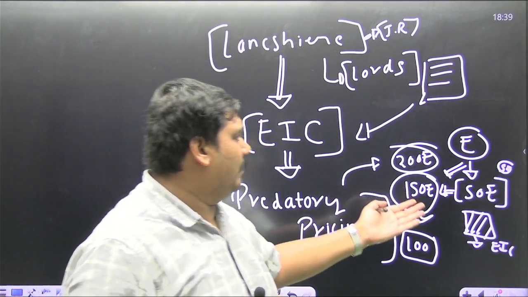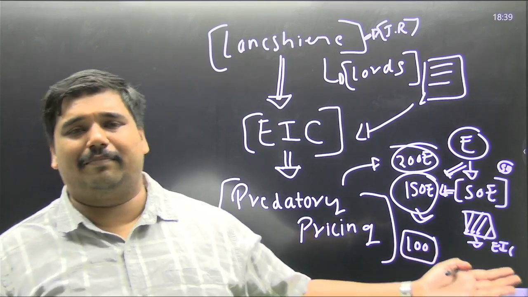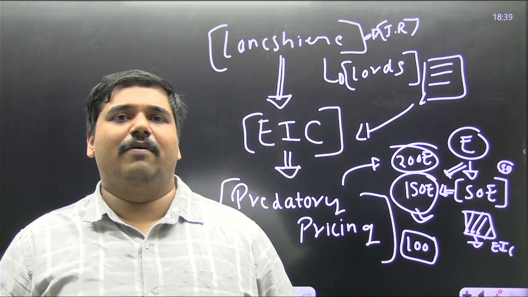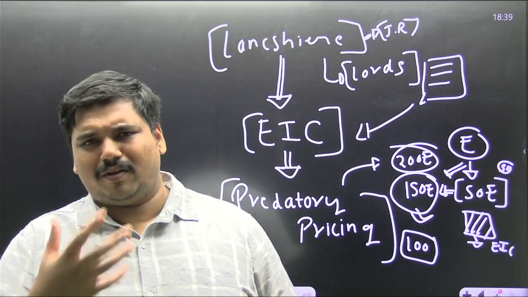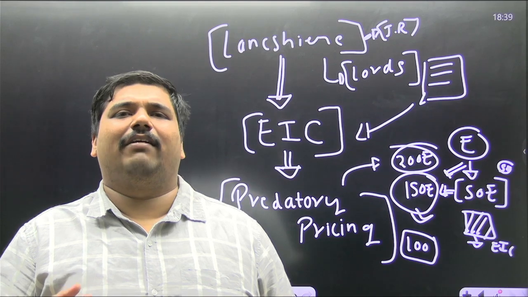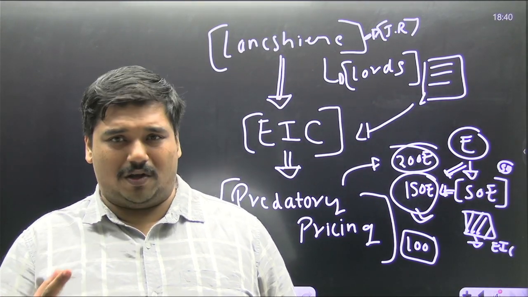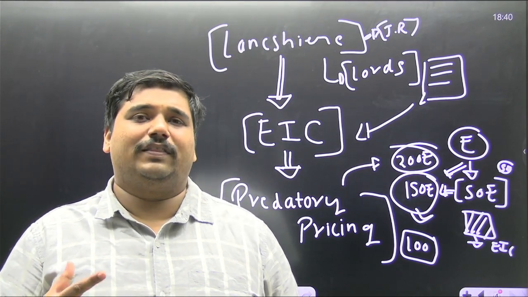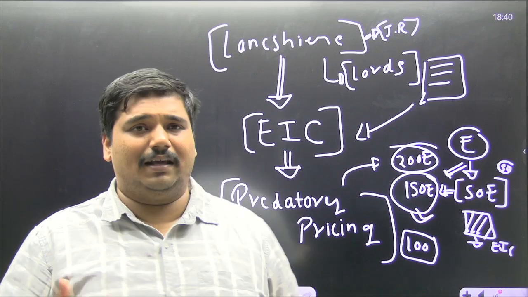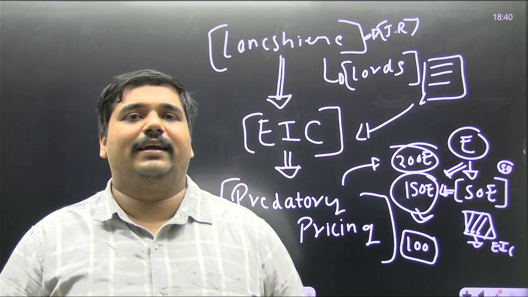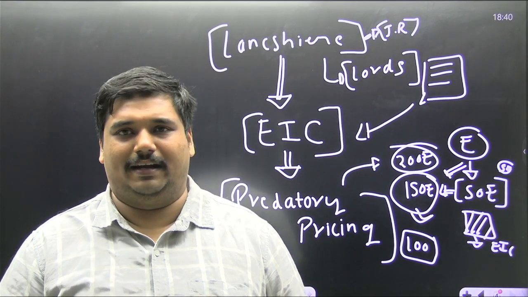Due to the British policies of predatory pricing and tariffs, the industrial system within India was destroyed and it never really picked up. So a lot of stress was on the government. That is how certain policies of the company and the British led to the deindustrialization of India. Thank you.